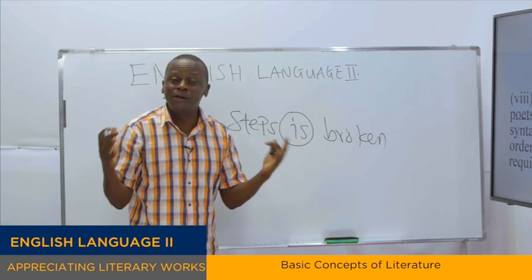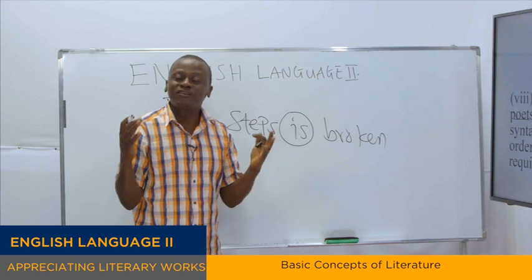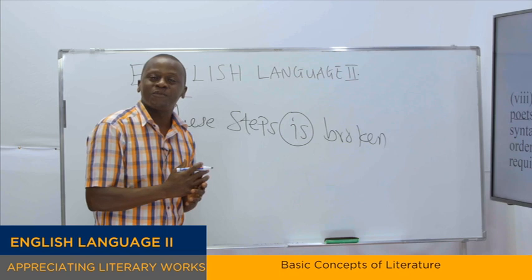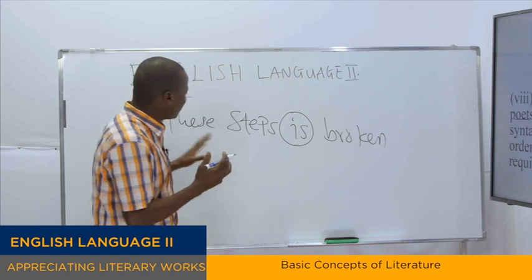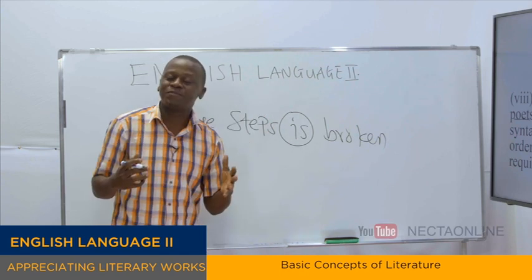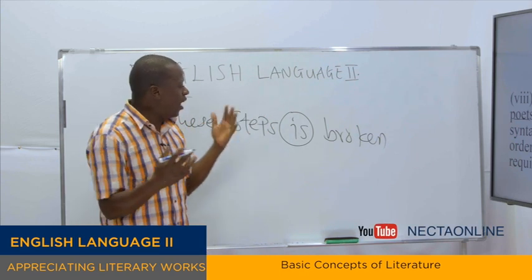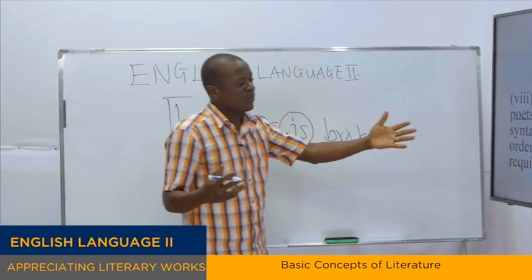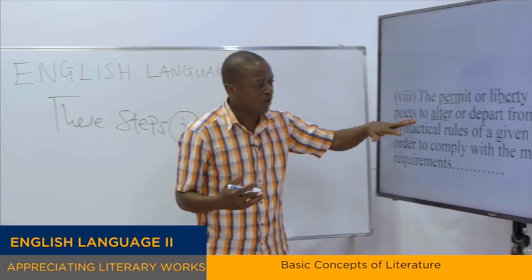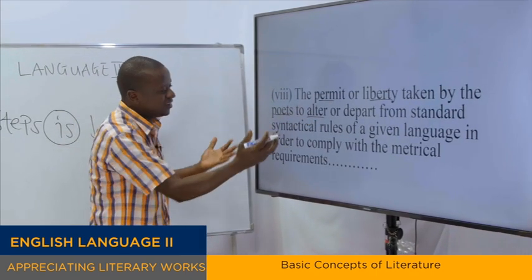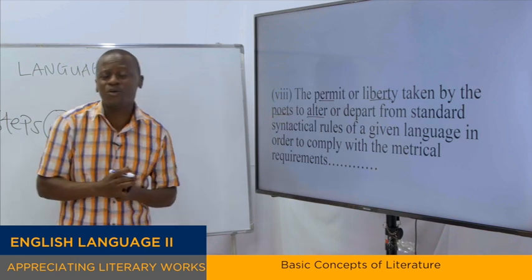Students, even Shakespeare, the very famous person in literary works, among his works, there are a couple of times he violates the grammatical rules, altering or departing from standard syntactical rules of a given language.